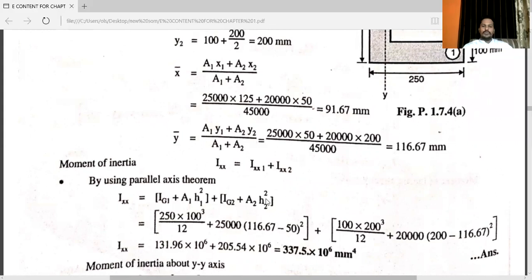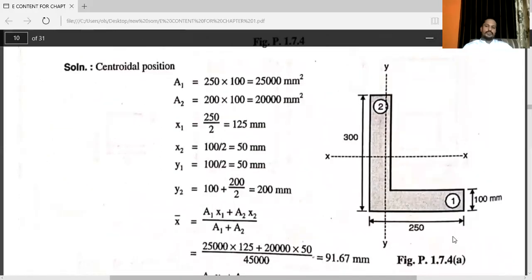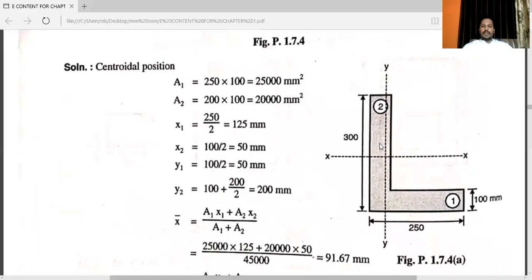We know that the formula, again, will be base into d cube by 12 plus A2. We have the value of A2. We have to concentrate on H2. Here, H2. We know that the centroid point of the second rectangle will be here.